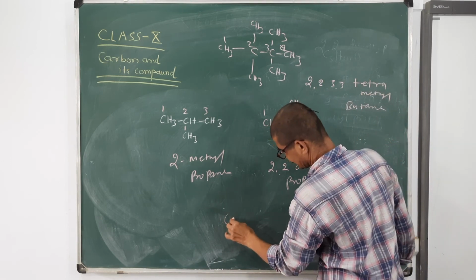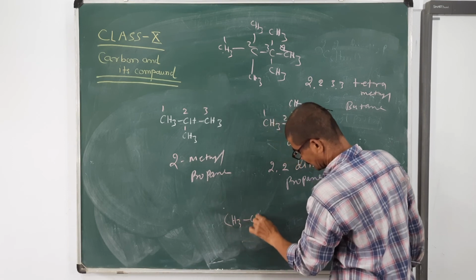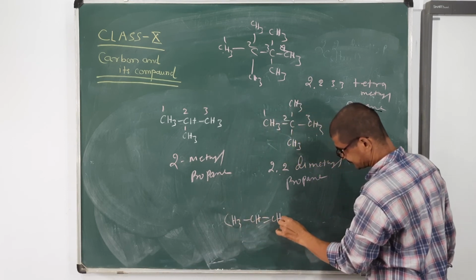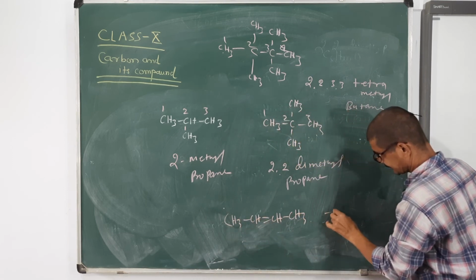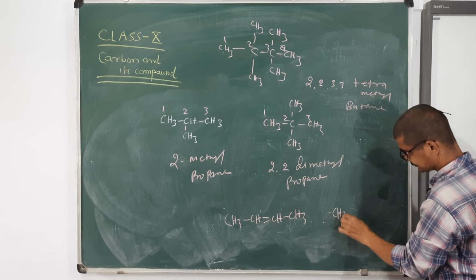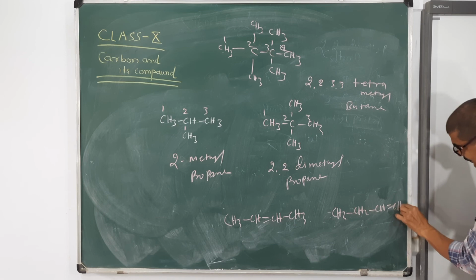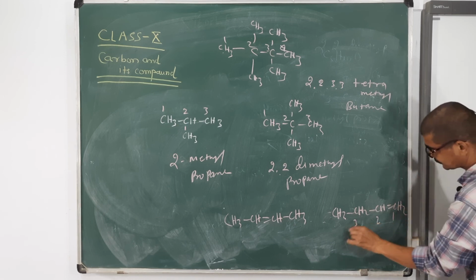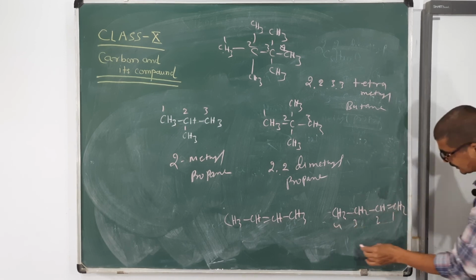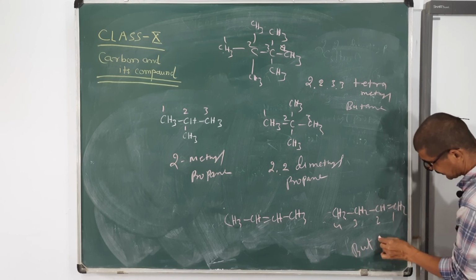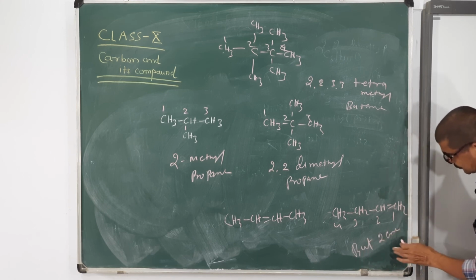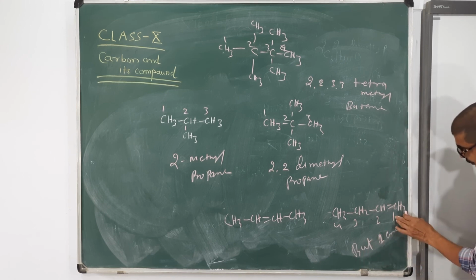Now, what is the name of this compound? One, two, three, four. Nearest double bond. So butene, because the double bond position is one.